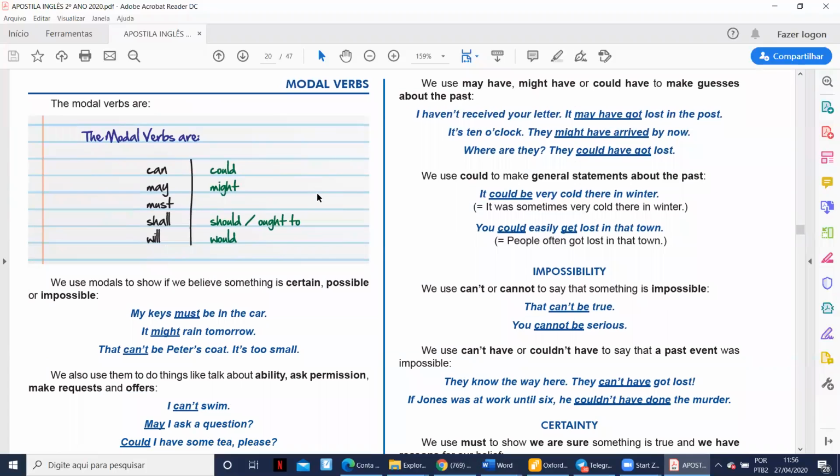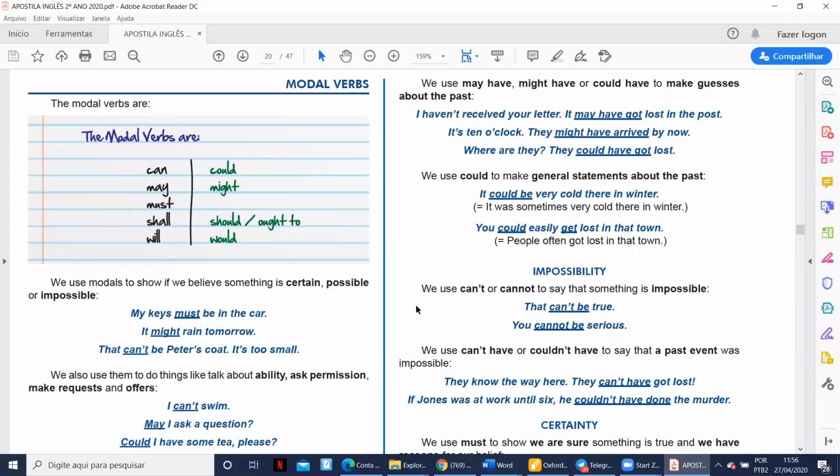So, modal verbs. Well, people, modal verbs are special verbs. Why are they different from other verbs? For example, let's say that we have the verb to speak. The verb to speak talks about an action, yeah? So it's a verb that we also call a lexical verb.